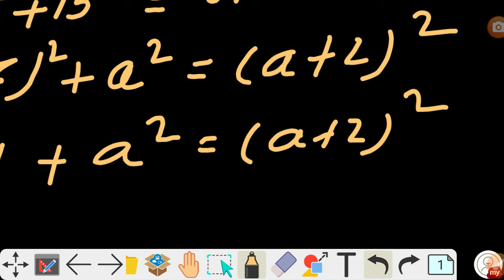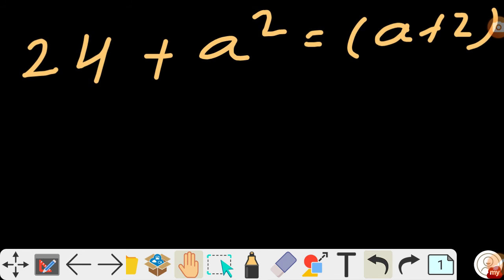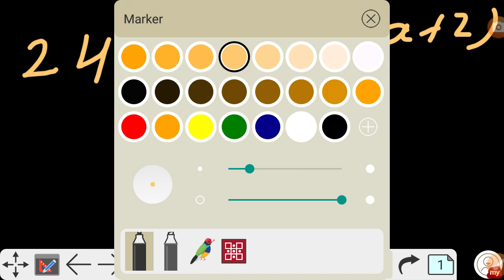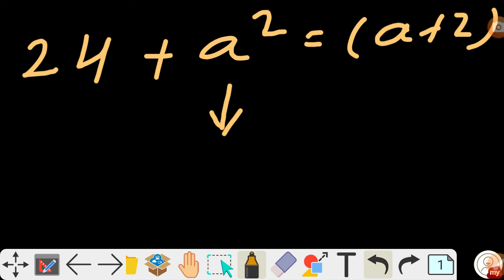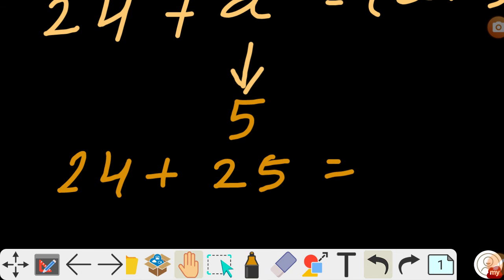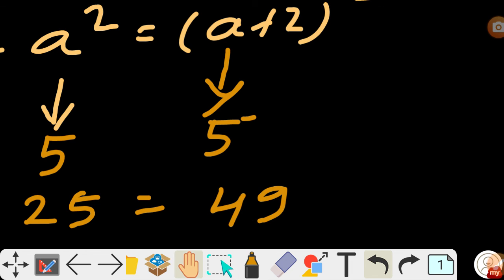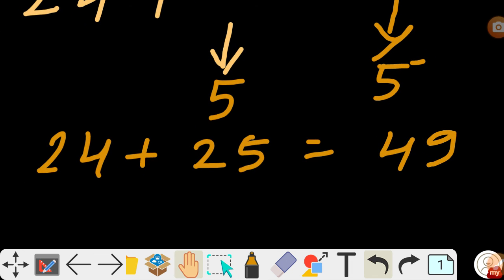So by using hit and trial method, put the value of a which is 5. So it means here you can see 24 plus 25 equal to (5 plus 2) square, putting 5 in place of a, 49. So it means you can get a triplet.